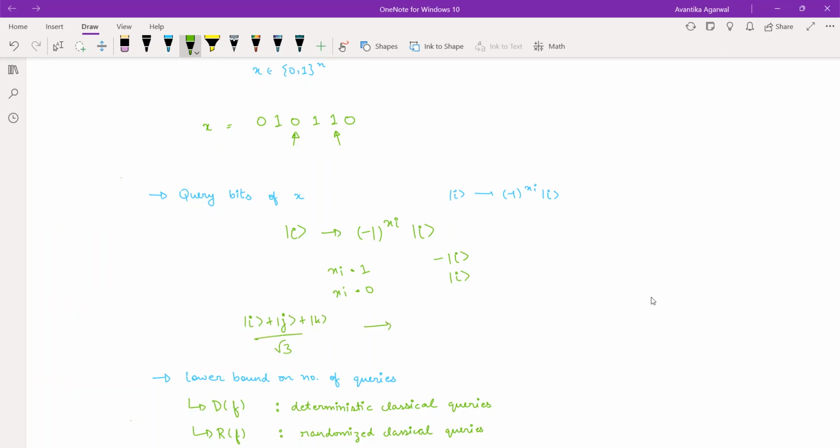And the output would be ((-1) raised to the power x_i ket i plus (-1) raised to the power x_j ket j plus (-1) raised to the power x_k ket k) divided by root 3. Does that make sense, how a superposition query to the black box is working?